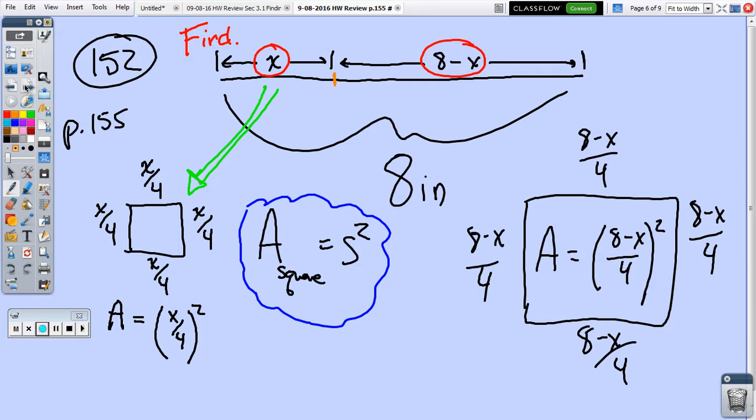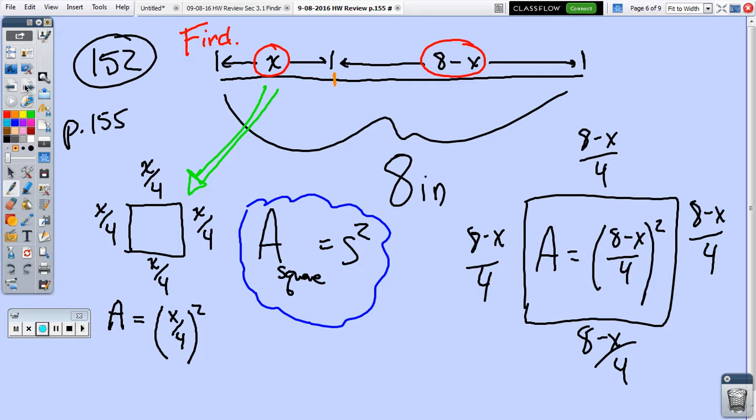We had this wire that was 8 inches long. We made a cut. We don't know where the cut was made, but then they gave us some information that must be true. This is something I want to reiterate, that's pretty much the essence of solving these kinds of word problems: you let your variable represent what you don't know.